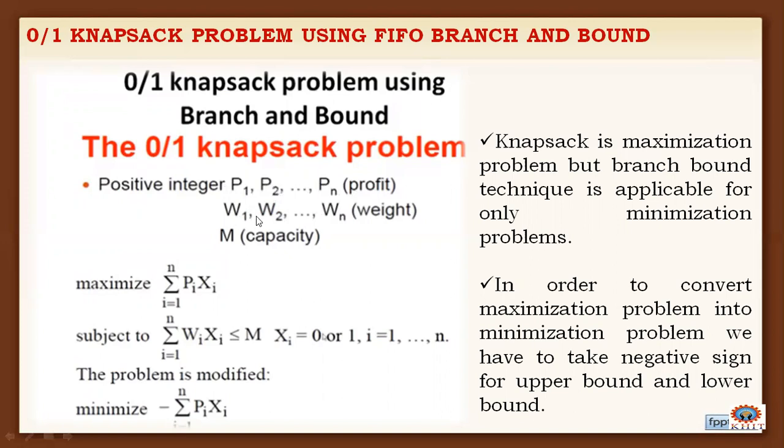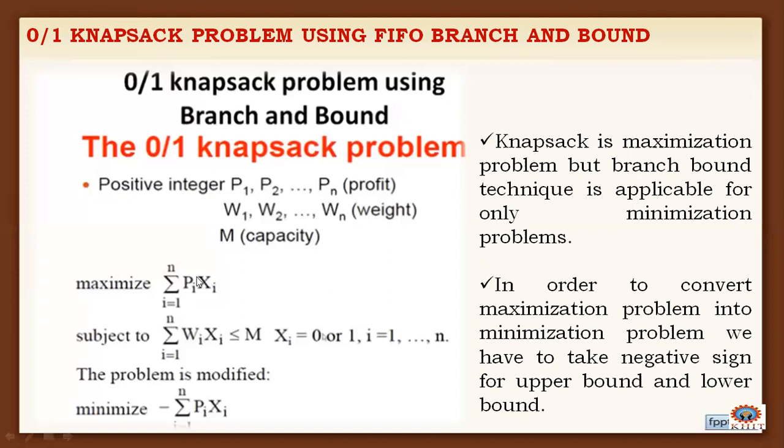And corresponding weights are also given: W1 is the weight of the first item, W2 the weight of the second item, and Wn the weight of the nth item. And they are given the maximum capacity of the knapsack, specified with capital M. Finally, the objective of the given problem is to maximize the profit.